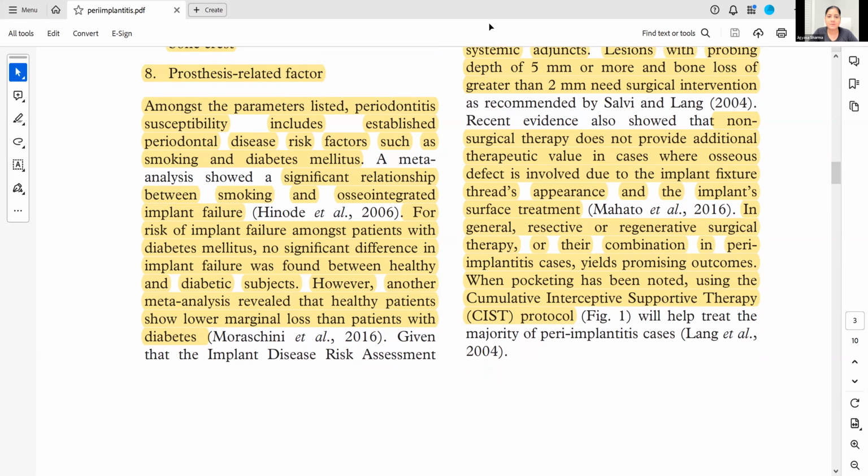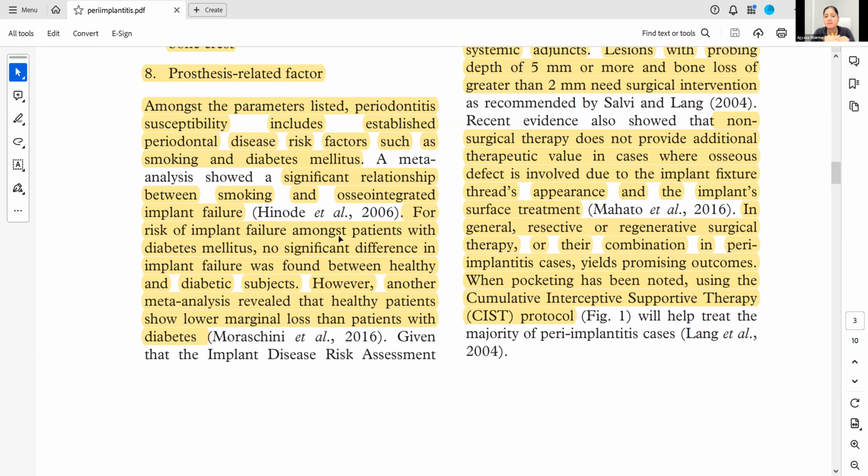So amongst the parameters which are listed, periodontitis susceptibility includes established periodontal disease risk factors like smoking and diabetes mellitus. Another significant relationship between smoking and osseointegration implant failure has been noted. So smoking also leads to osseointegration failure sometimes.